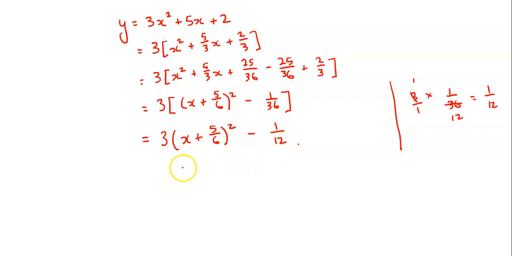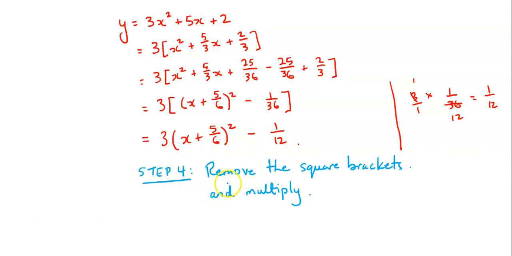So again, the fourth and final step: remove the square brackets and multiply. We multiply by what is inside the square brackets, so we multiply by the x plus 5 over 6 all squared, and we multiply by the 1 over 36. Notice what we have in the normal brackets, x plus 5 over 6, we do not multiply the 3 by what is inside here because of the square on the outside.